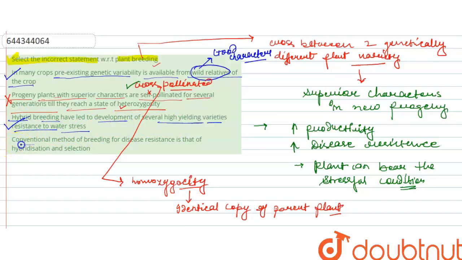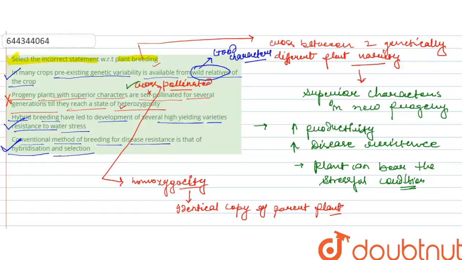Next is: the conventional method of plant breeding for disease resistance is hybridization and selection. This is again a correct statement, because the conventional methods of plant breeding, hybridization and selection, are used to increase resistance to a particular disease-causing agent. So this is correct.